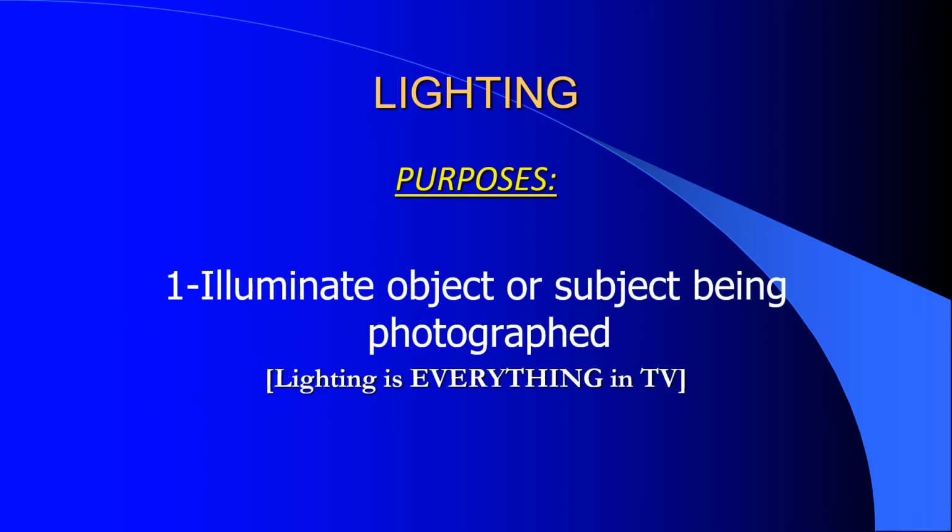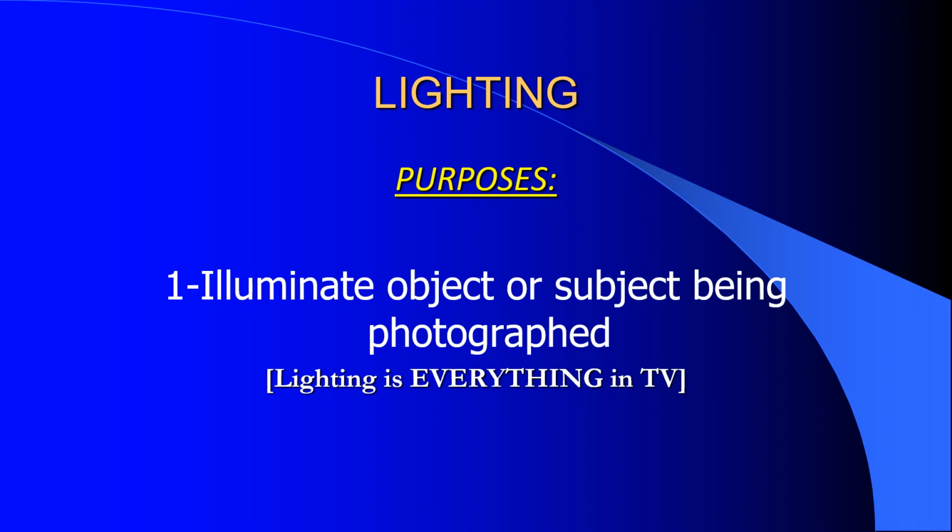So what does light do? Of course, its most obvious purpose is to illuminate the object or the subject that is part of the video or part of any sort of still photograph. With respect to broadcast, with respect to video, with respect to television, lighting is absolutely everything. If you don't have lighting, you don't have TV, you have radio.